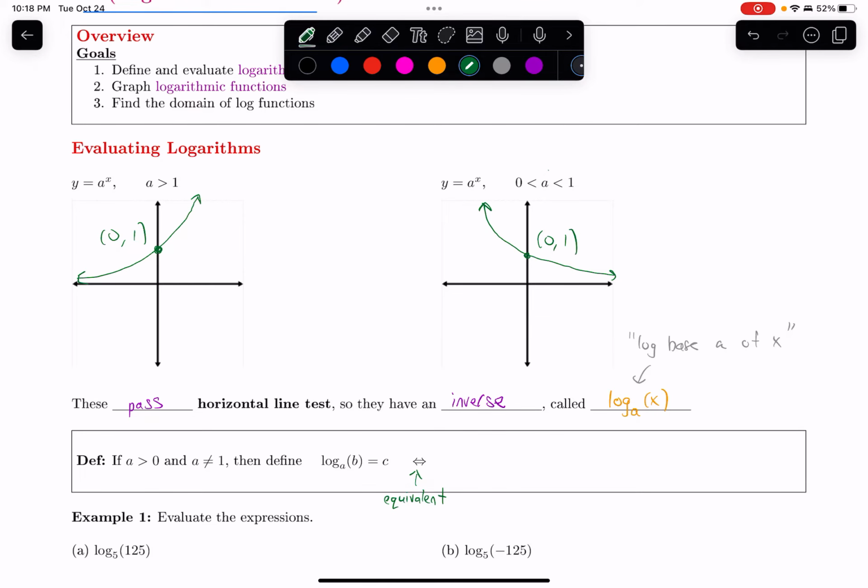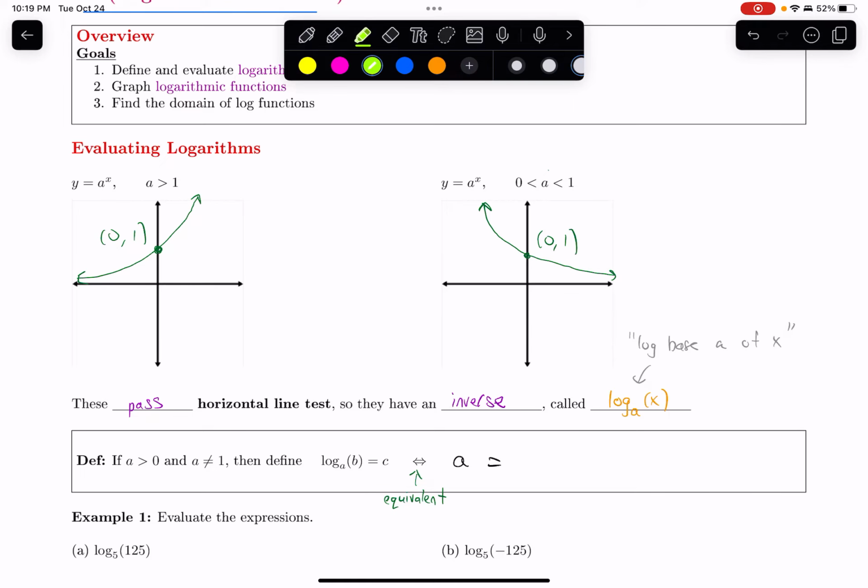A log is an inverse of an exponential function. So when I have log base a, I can rewrite that as an exponential statement: a to some power equals something. Because they're inverses, they switch the role of the input and the output.